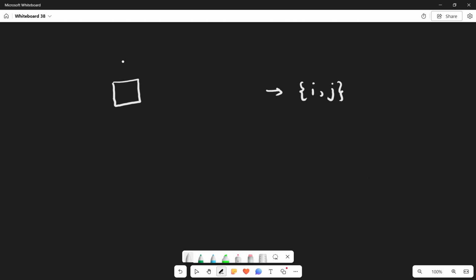Basically I can move down from the upper cell, so I will perform this operation, or I will come right from its left cell. So there are only two ways such that I can attain this state I comma j, right?